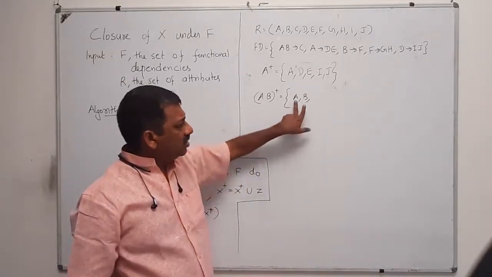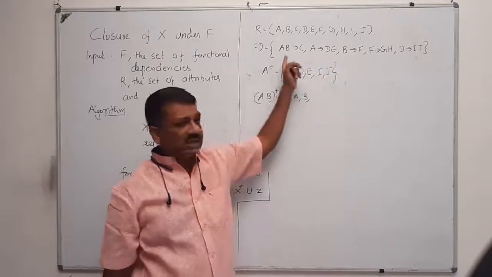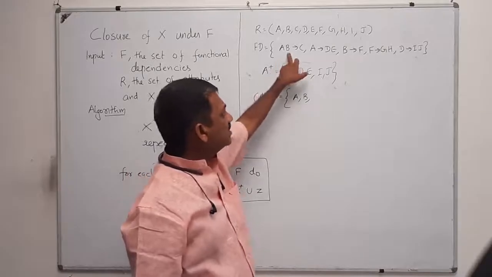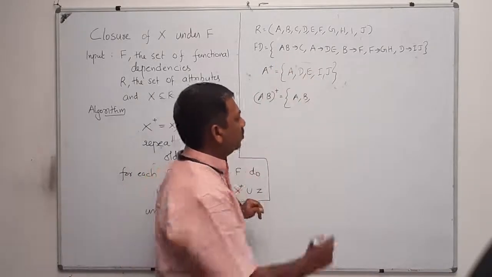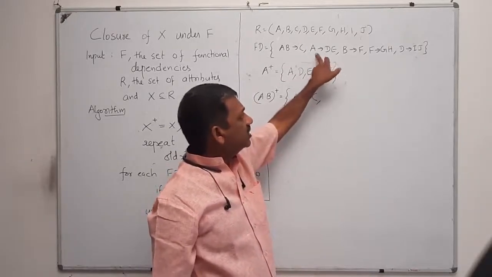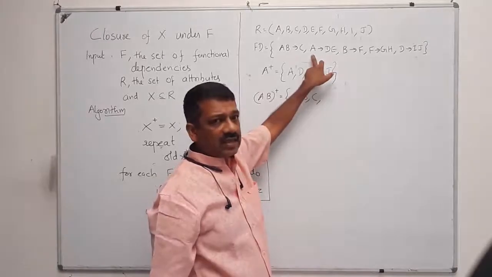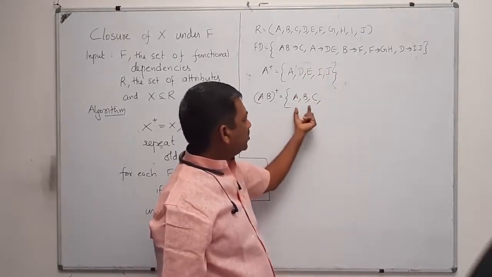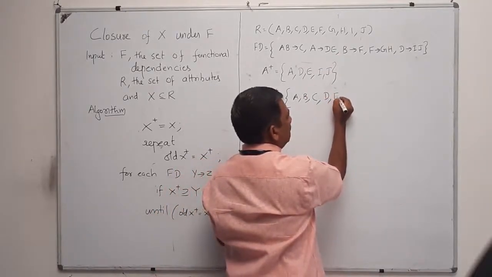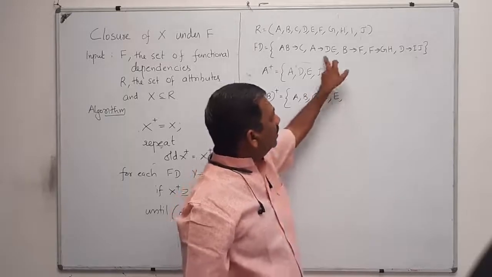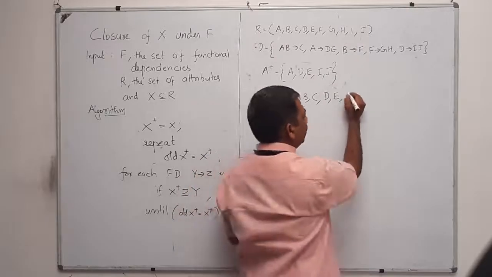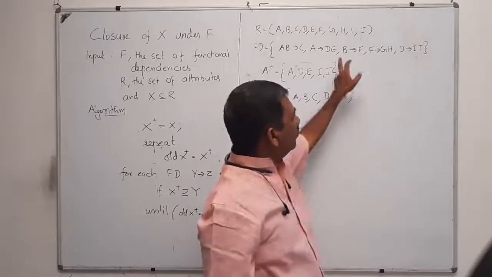Now search for the left hand side which is a subset of this. Here AB is a subset of AB, so you have to include C. Now what about here? For this functional dependency, left hand side is A, and that is also a subset of this. Then you have to include D and E. Then next one is B. B is a subset of this, then you can add F. Then what about F?